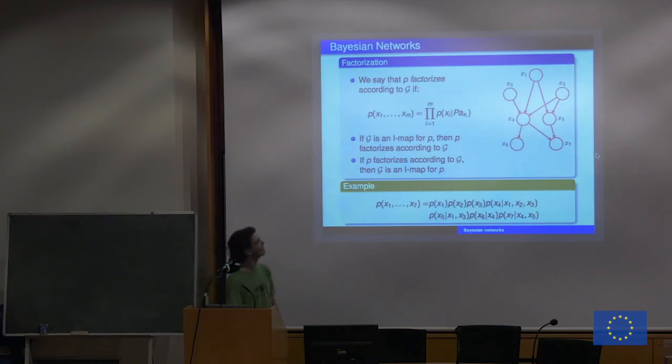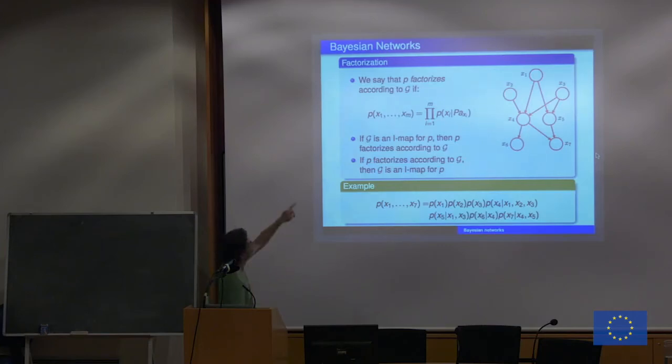Now, the nice thing is that if G is an IMAP for P, okay, then it happens that the probability distribution factorizes according to G, okay, as this product. And also, the converse is true, okay?